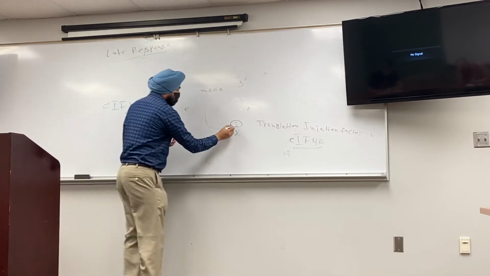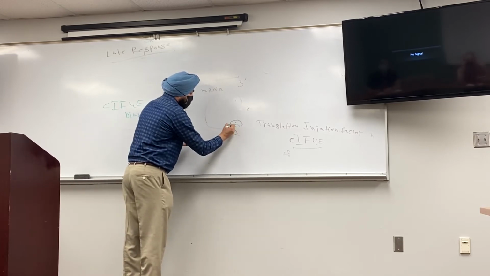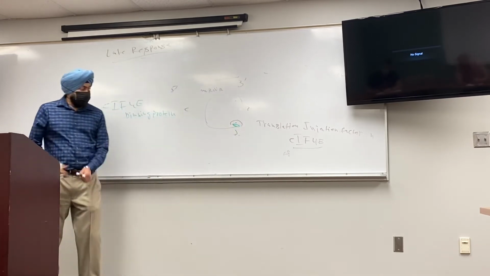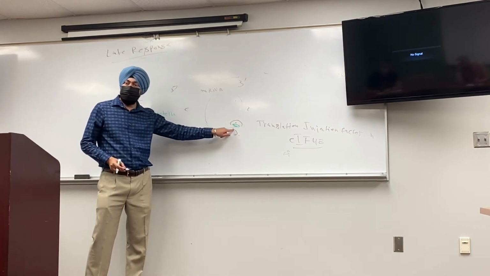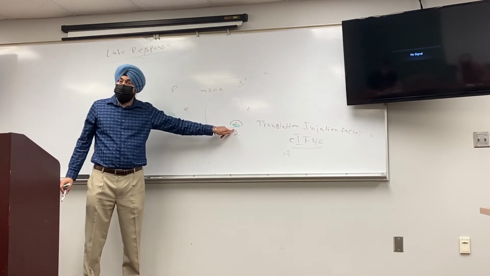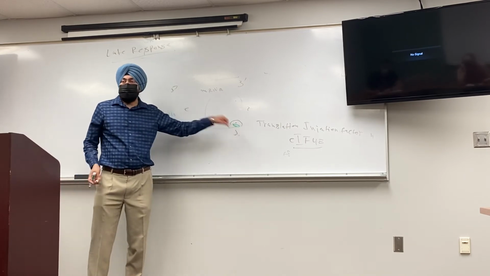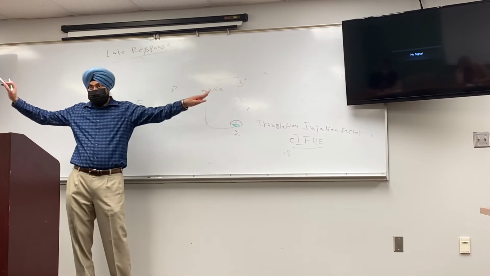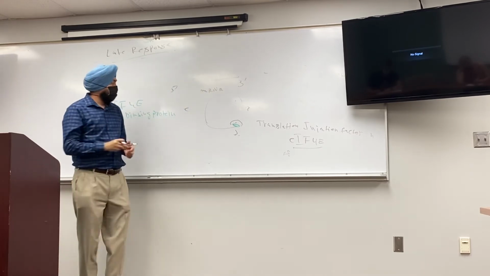This binding protein is right here, so it is not allowing this translation initiation factor to interact with mRNA. So if it cannot interact with this, it cannot start new protein translation. Making sense?